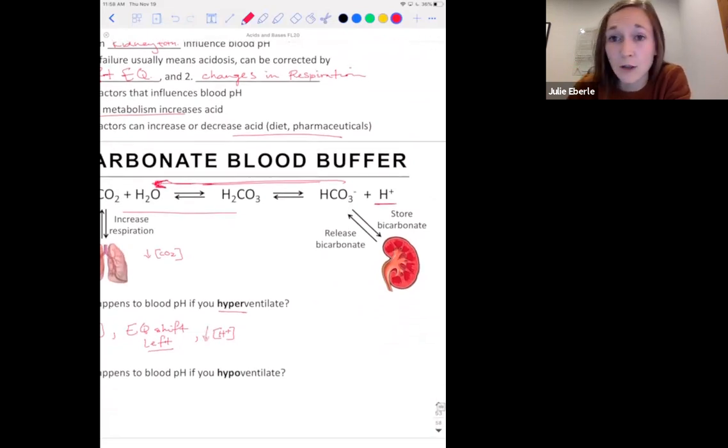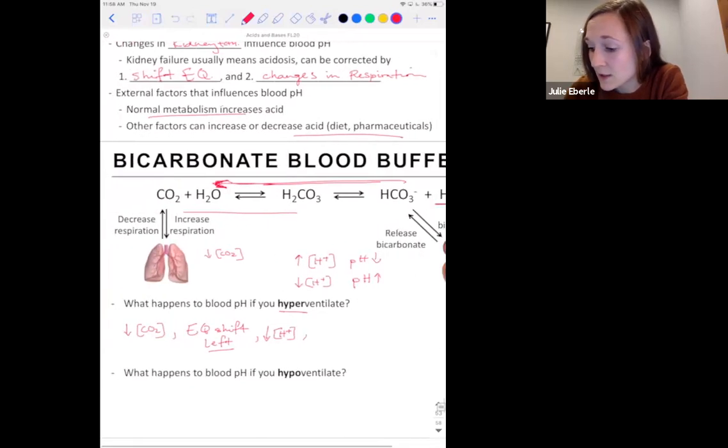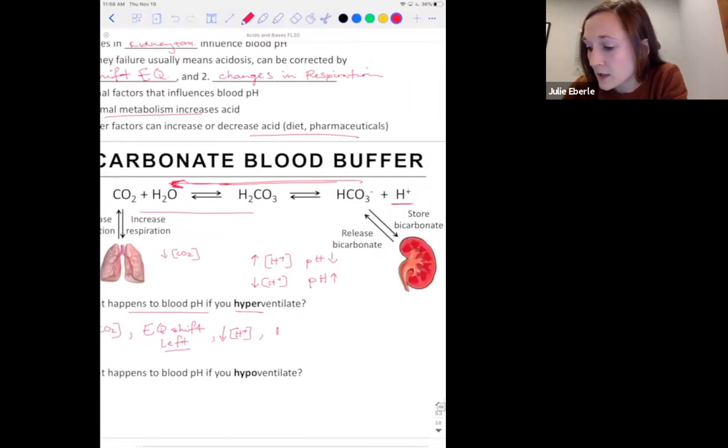Yep, we're going to lose H plus. Now remember, we said if H plus goes up, pH goes down. So if the concentration of H plus goes down, pH rises. And so the question is, what happens to your blood pH? Well, pH is going to go up. pH is going to increase.